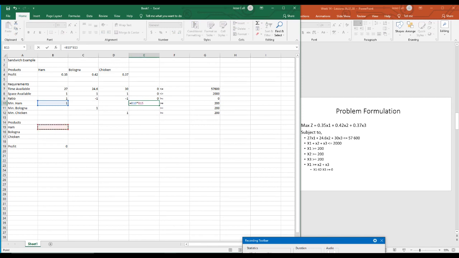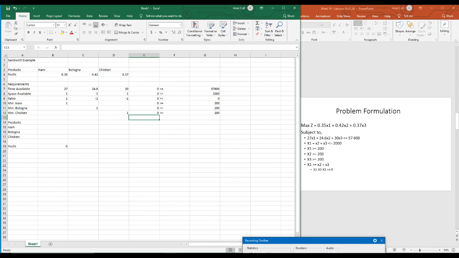Times it by the equivalent. And we've successfully completed the problem, except for the solver situation.